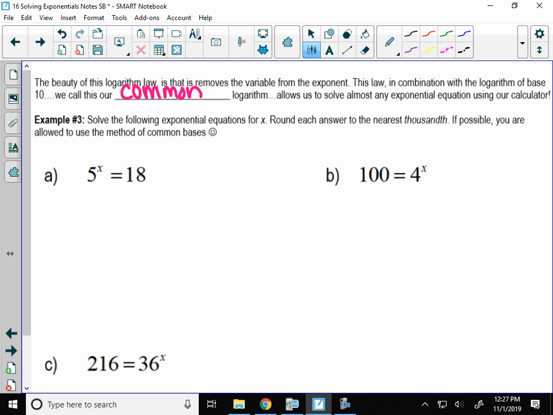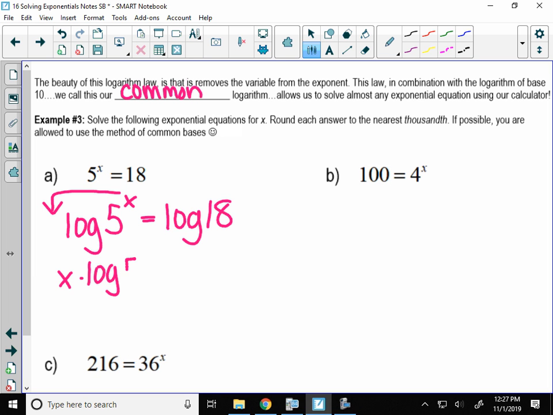I'm going to take the log of both sides. And you can start skipping steps if you need to. If you automatically want to drop that x in front and just write it as x times log of 5, you can go ahead and skip right to that step. I tend to do that when you look at my answer. So don't feel like you have to write every step down if you've seen it here. All right, then to isolate the x, we divide by log of 5.